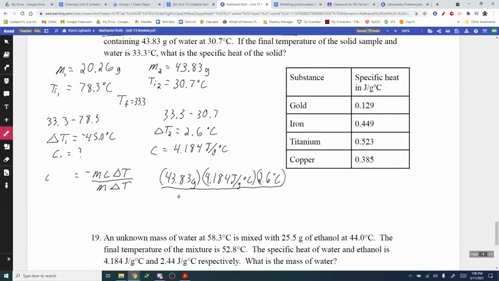So negative 45 degrees Celsius times 20.26. Okay, and there is that negative up here. So we do all that math. This negative cancels out this negative, and we eventually get 0.523 joules per gram degrees Celsius. And that turns out to be titanium. Hooray.